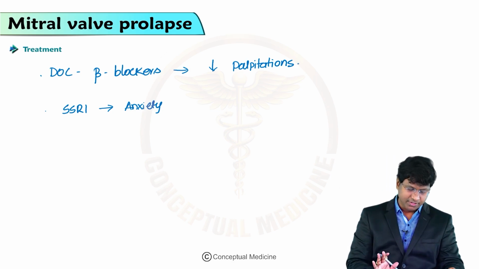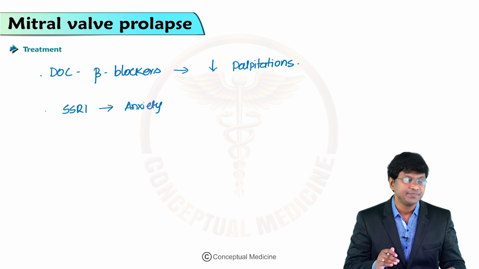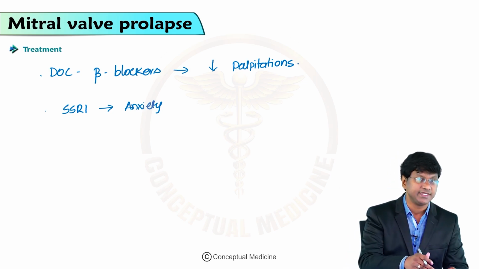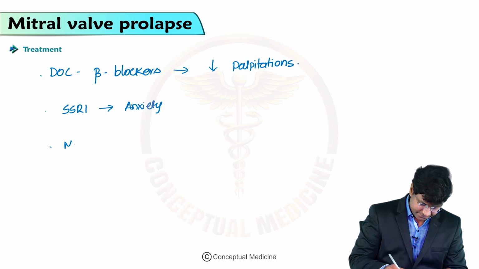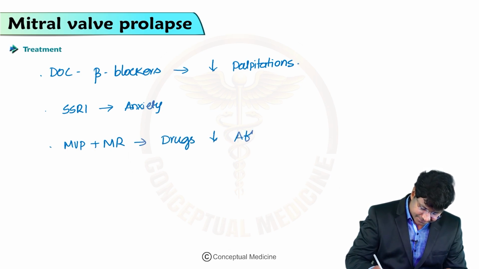So this is about the treatment in patients with mitral valve prolapse, and particularly if mitral valve prolapse is associated with mitral regurgitation, then in this scenario you need to give the drugs which will reduce the afterload.